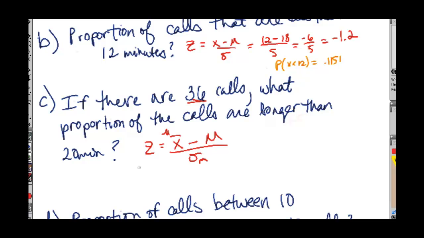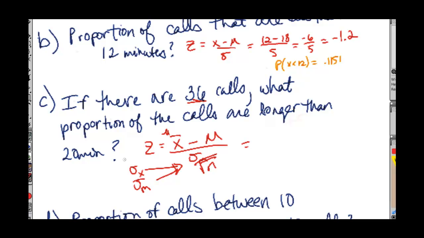Some books use sigma sub m, some books use sigma sub x, whatever it is. That denominator is just going to be sigma divided by the square root of n.